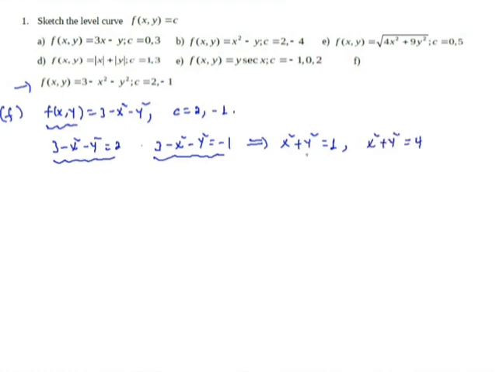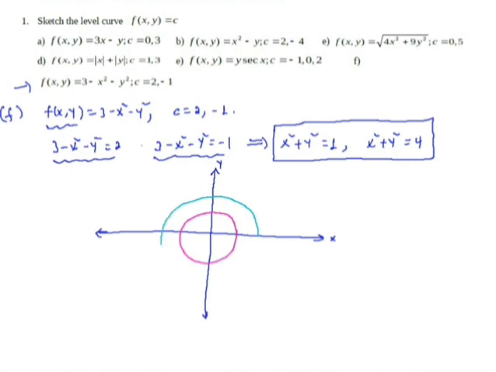So if we look at these equations, these are the equation of a circle whose center is at the origin and radius 1 and 2 respectively. So the inner part is x square plus y square is equal to 1, and the outer part is x square plus y square is equal to 4.